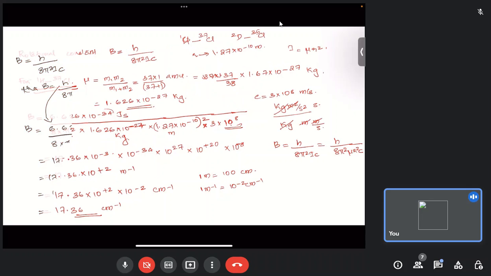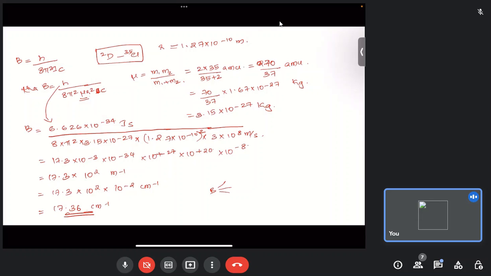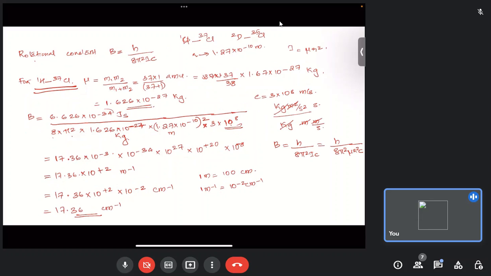That's why you would see both of them are almost the same, 17.36 versus this is also 17.36.